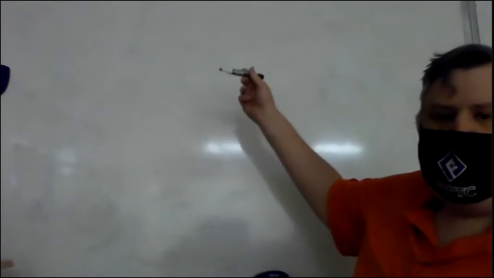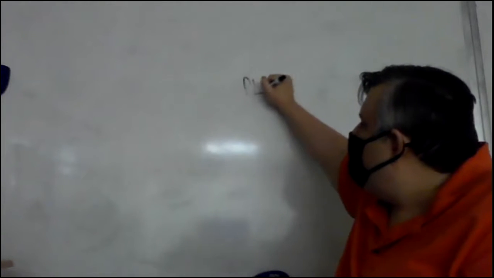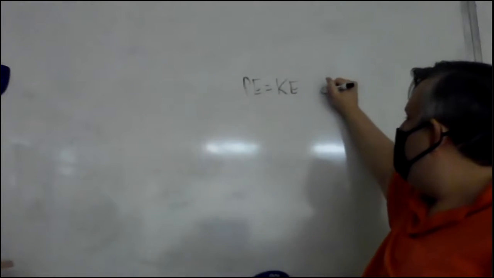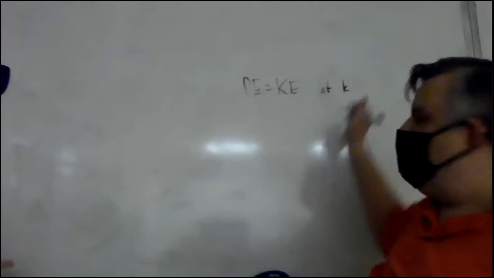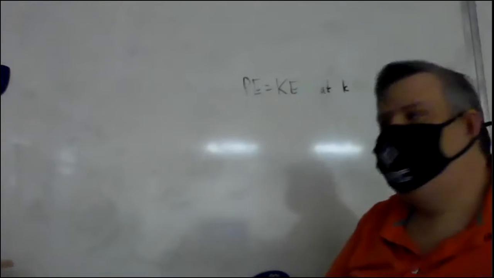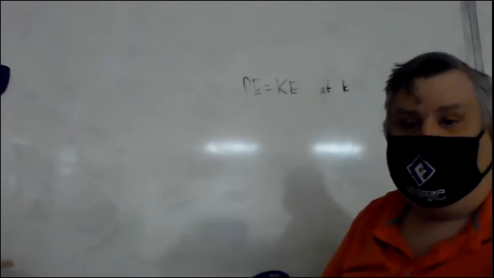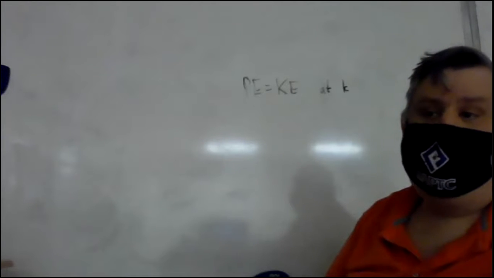That means that sometime during the fall, potential energy will equal kinetic energy at some point called K. Does it matter what point that is? Actually, no, not for what we're doing.